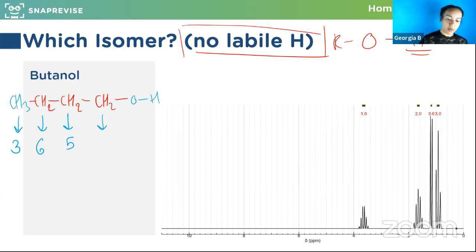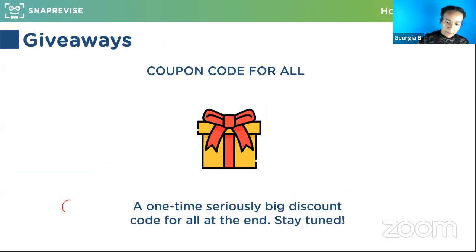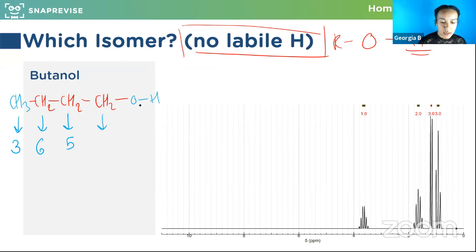It's actually a triplet. So remember what I said about the OH. The OH hydrogen is not involved in coupling. It doesn't always show up on the graph. It shows up in random places on the graph. And it's also not involved in coupling.